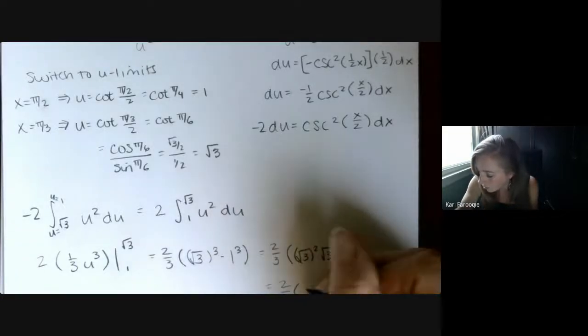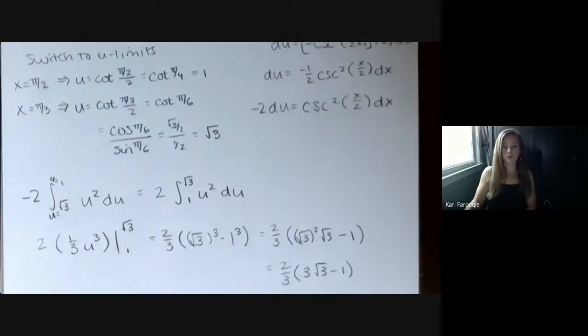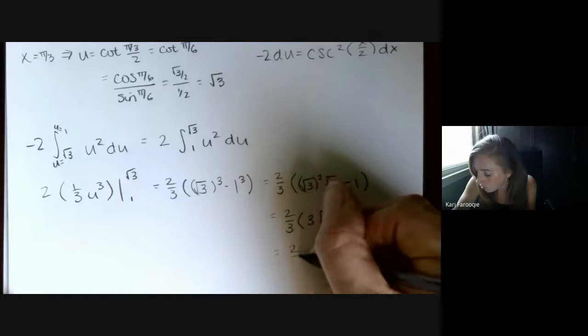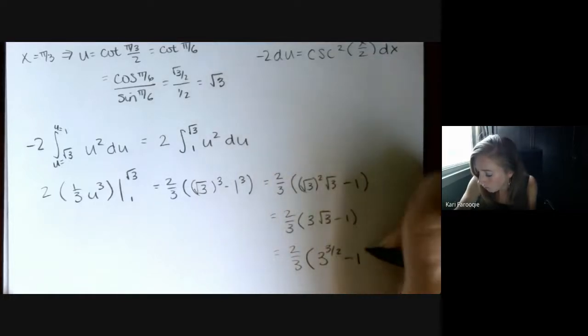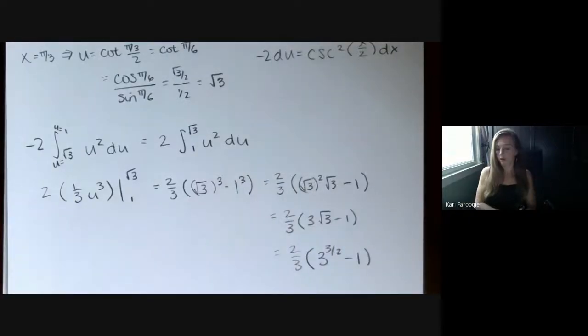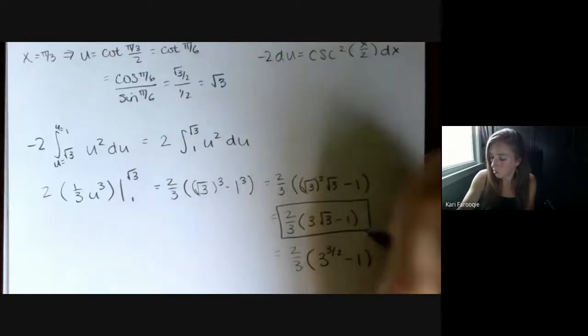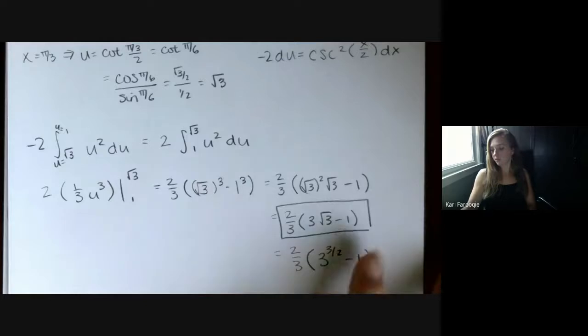Again, not something you have to do. Just something that I think looks cleaner. Now, of course, there's nothing here stopping you from writing this as 2/3 times 3 to the 3/2 minus 1. Also equivalent. I just feel like this is much more straightforward, and it would be where I would go as a student versus here.